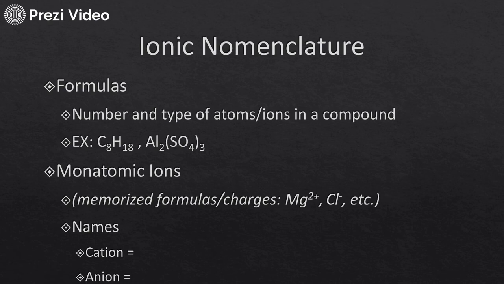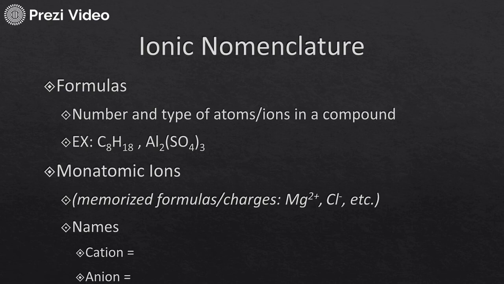It's important for us to name things so that we know the number and types of atoms in a compound. But we have two different types of names because we have two different types of compounds: molecular names and ionic names. So Al2(SO4)3, aluminum sulfate, is an ionic compound, and we want to name that in a different way than we would name a molecular compound.